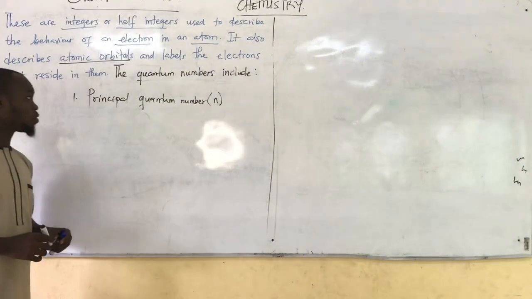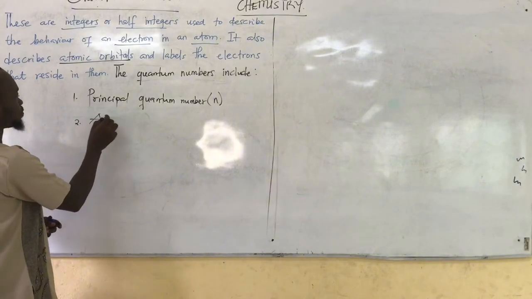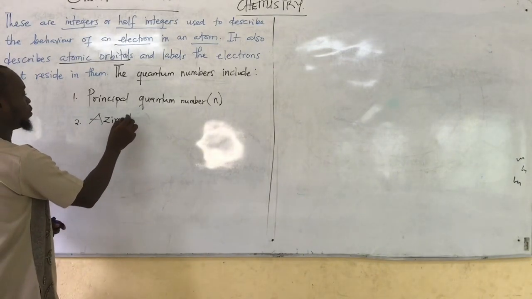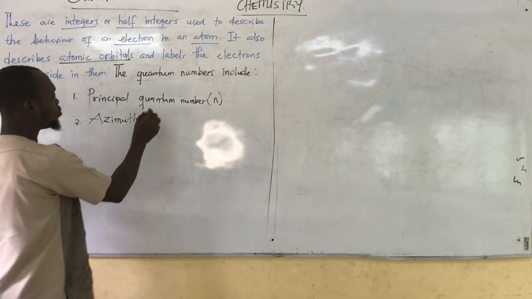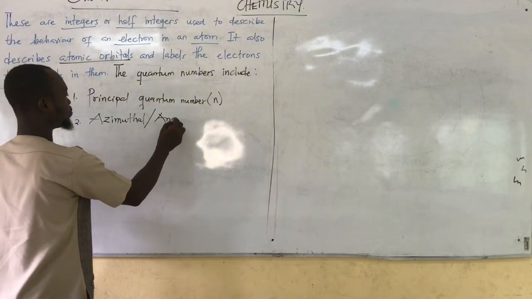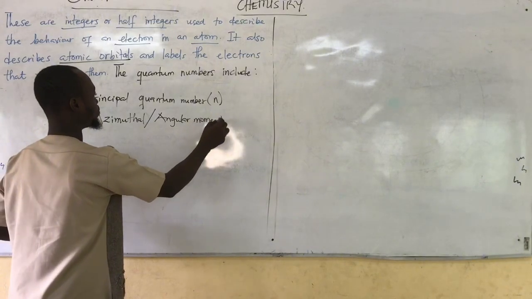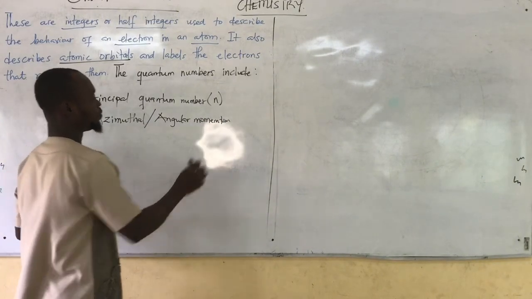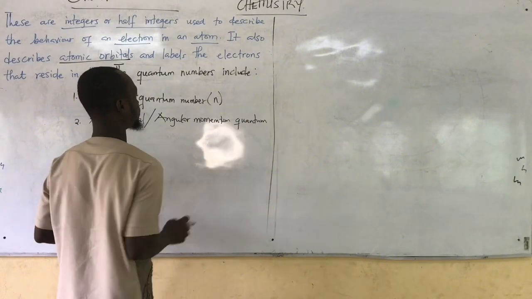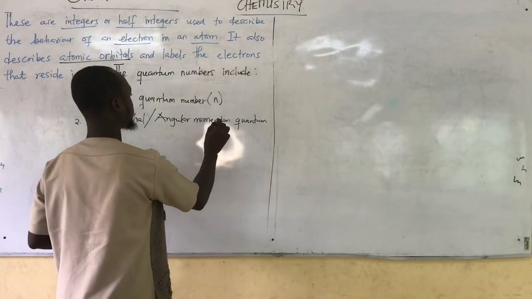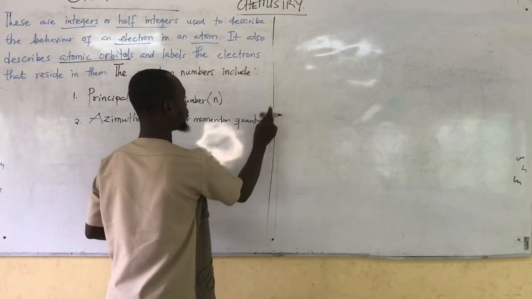Two, we have the azimuthal, or we also call it the angular momentum quantum number. It is denoted by the variable small l.